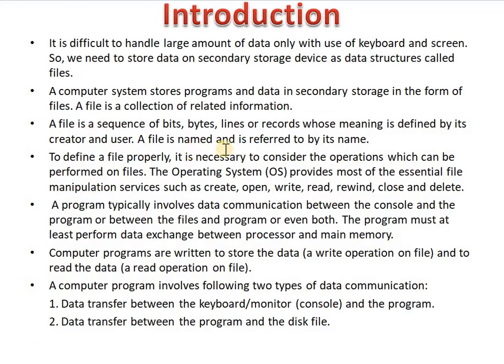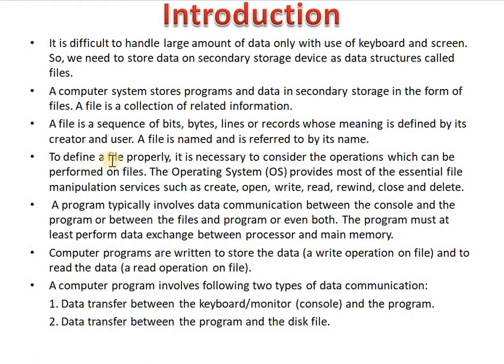A file is named and it is referenced by its name. Each file has its own name, and that file is referenced by using its name. For example, ABC is one file, PQR is one type of file, employee is one type of file, and the files are identified according to their names.